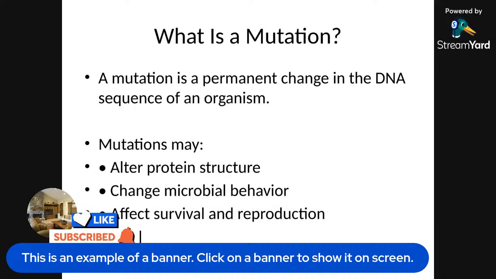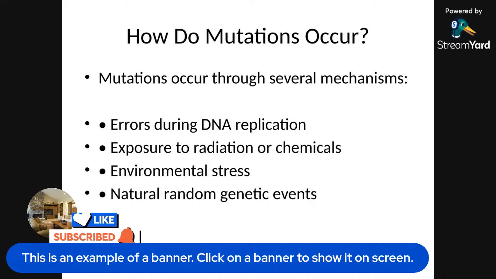It can also be a result of environmental stress. It could be an increase in temperature, a change in pH, or other changes in environmental conditions that might cause mutation to occur.